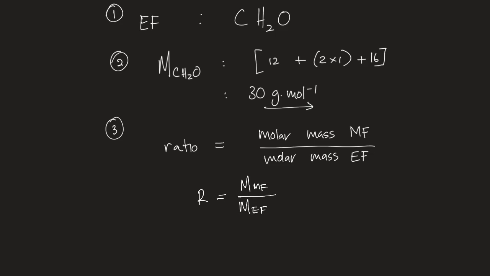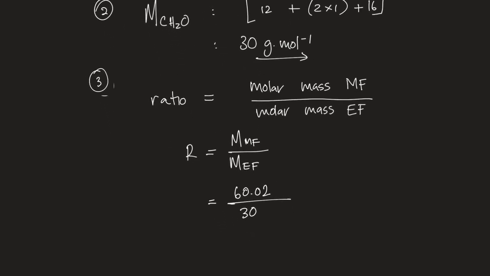You can just write that down. Alright, so my molar mass was 60.02 for my acetic acid, and my empirical formula's molar mass was 30. If I put that into my calculator, I should get the ratio at 2.02, which I can then round off to 2.